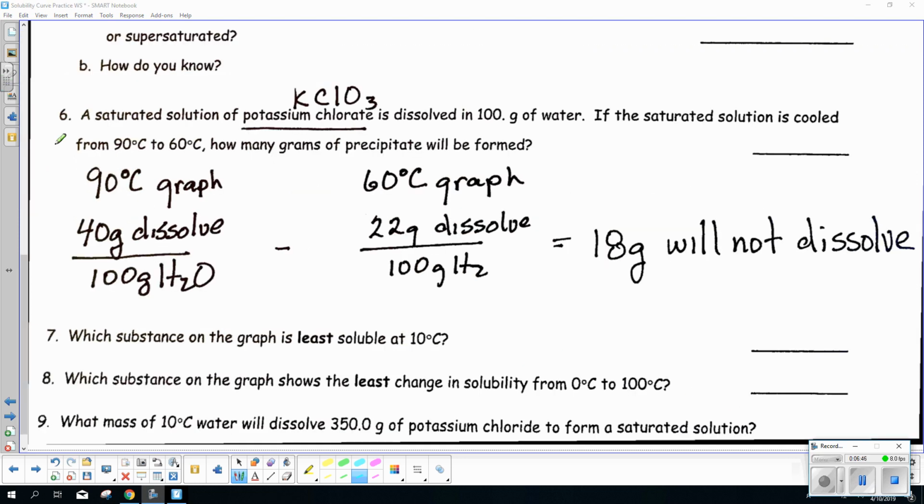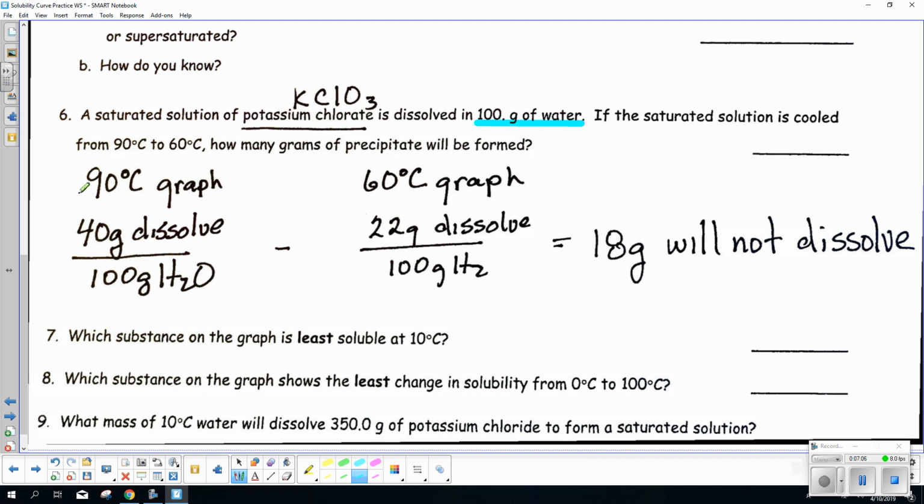For number 6, it asks you to have a saturated solution of potassium chlorate dissolved in 100 grams of water. If the saturated solution is cooled from 90 degrees to 60 degrees, how many grams of precipitate will be formed?